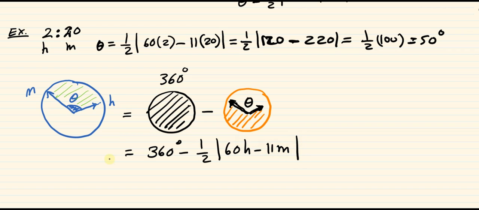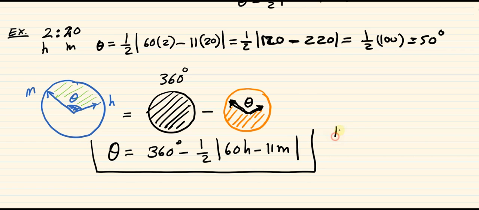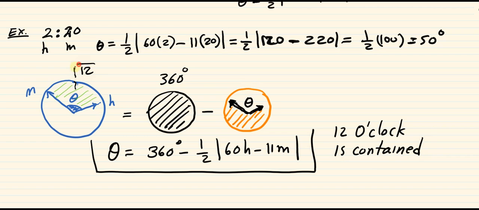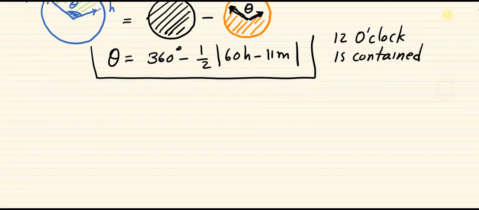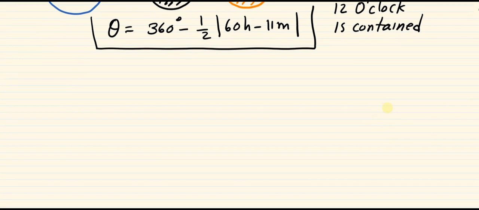And that is going to be the formula for angle theta. Again, this assumes that 12 o'clock is contained in the region. And what I mean by that again is this. See, here's 12 o'clock. It is in that region. Okay, now let's take a look at an example of this one.